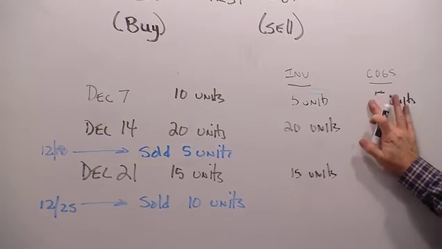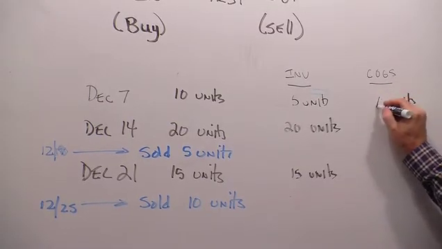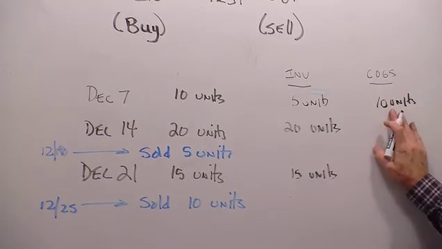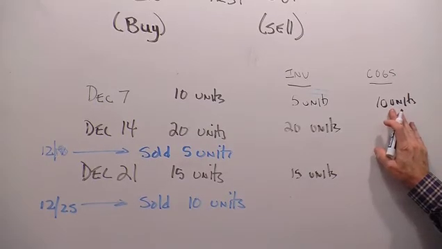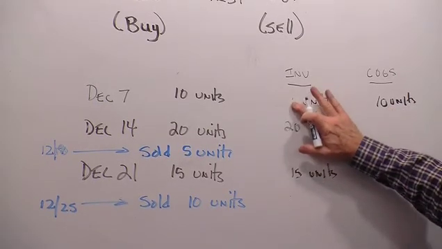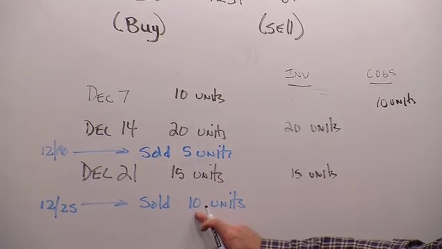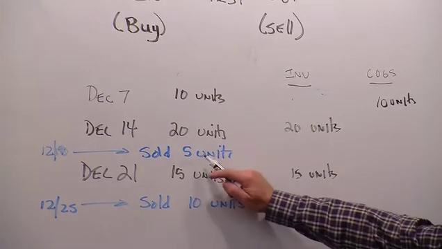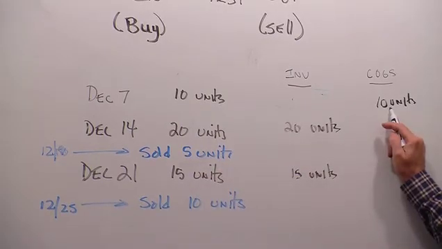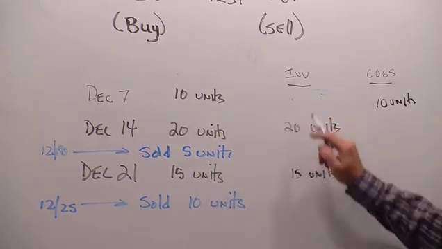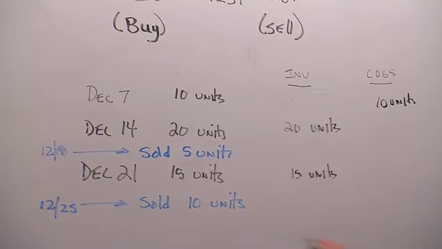All of these are gone, nothing's left. So where do the next 5 units come from? 5 came from here, and I still have to account for the rest of the 5 units. Where do they come from?